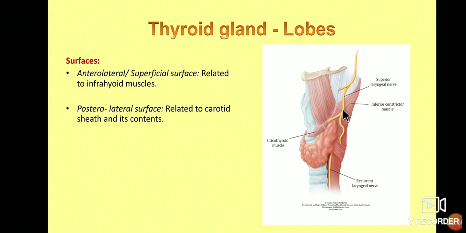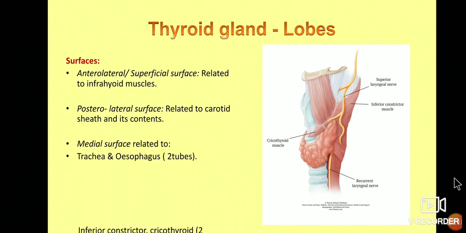Here these can be compared to the circular muscle, but these are voluntary muscles. Then two tubes, two muscles and two nerves: the external laryngeal nerve supplying the cricothyroid muscle, and the recurrent laryngeal nerve. So that is the relations of the medial surface.